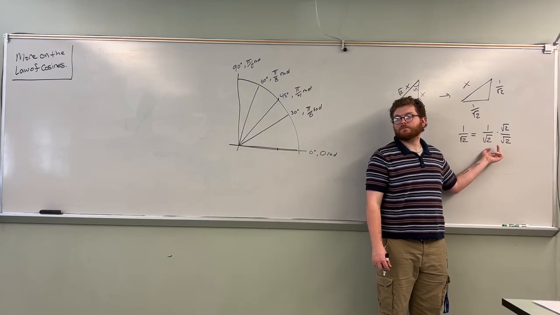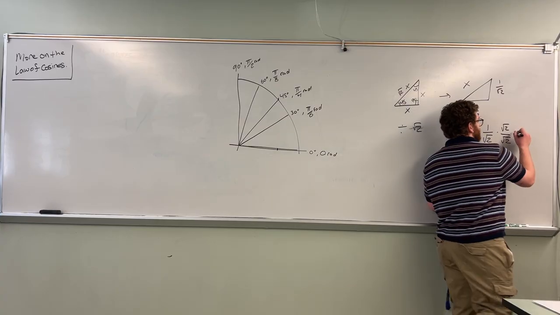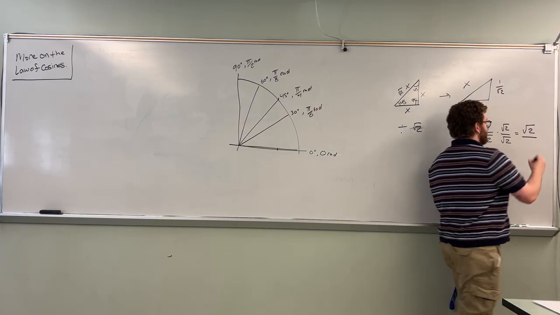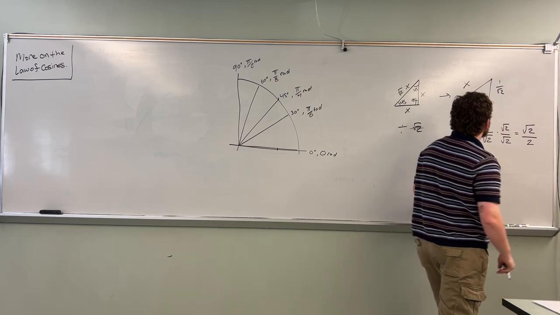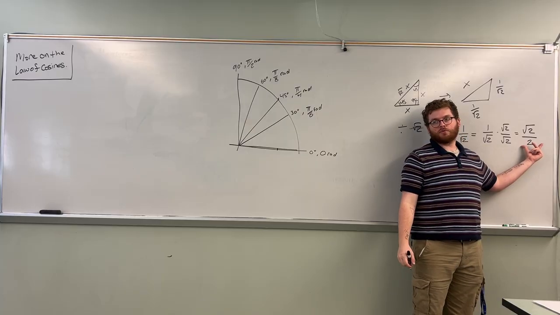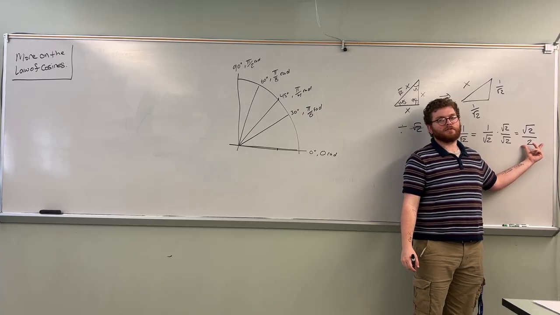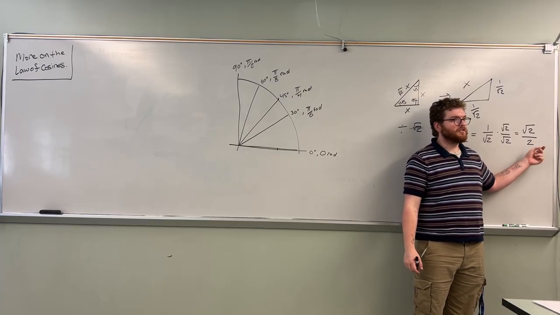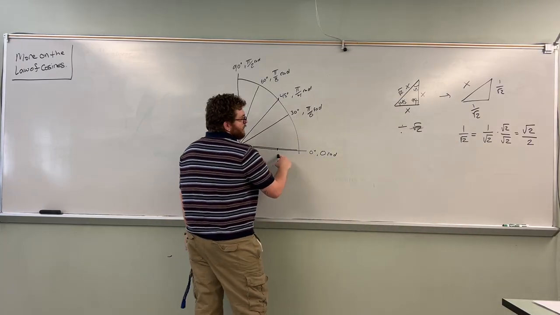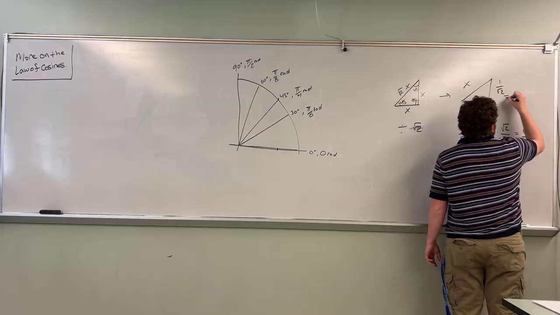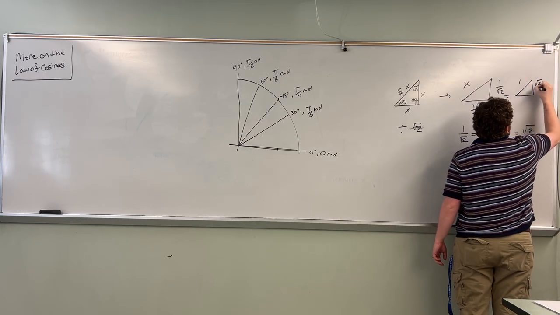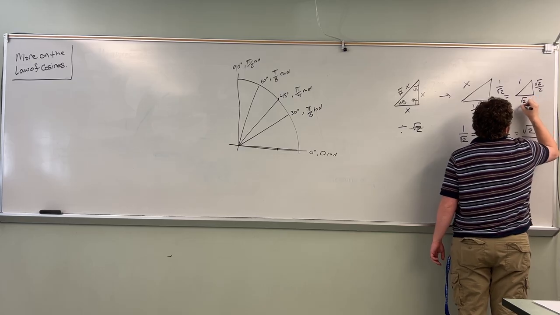I haven't changed the value. 1 times root 2 is root 2. Root 2 times root 2 is 2. So instead of writing 1 over root 2, we will always write root 2 over 2. We want to have rationalized denominators. That's just a convention. So this means that our triangle here actually has side lengths 1, root 2 over 2, root 2 over 2.